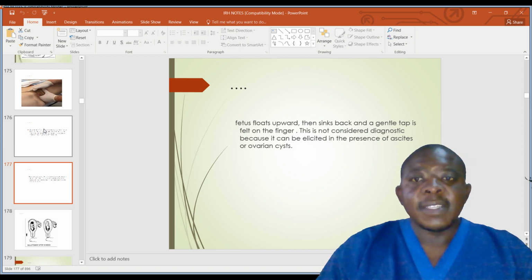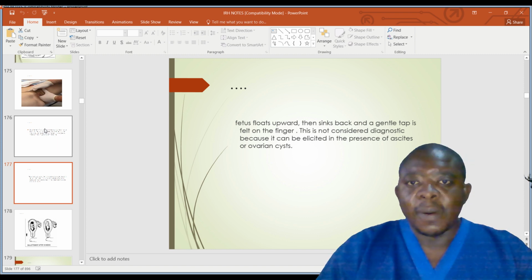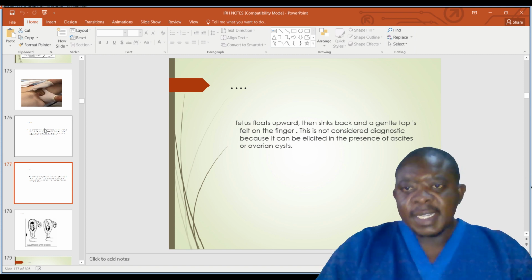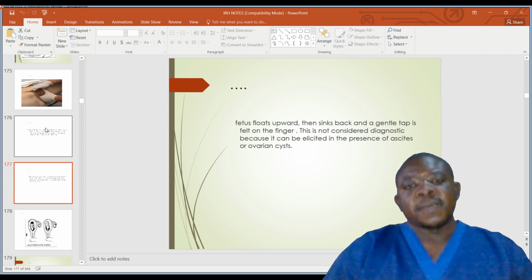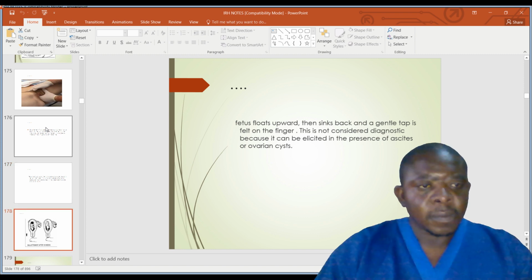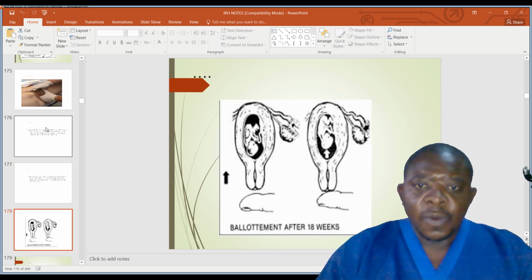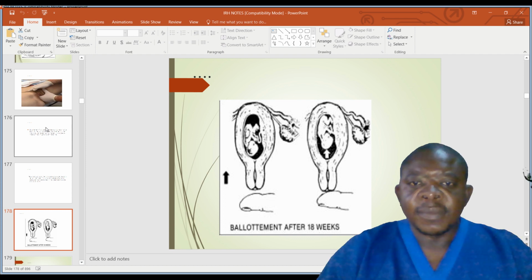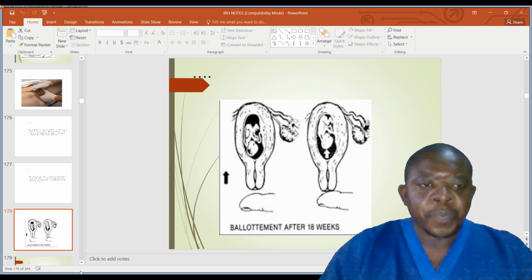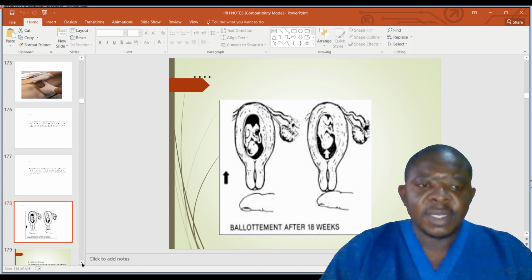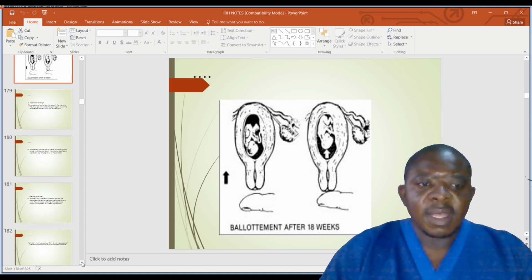This is not considered diagnostic because it can be elicited in the presence of ascites or ovarian cyst. Okay, so ballottement after 18th week, there is a diagrammatic representation of that so that we can try to tell whether there is pregnancy or not.